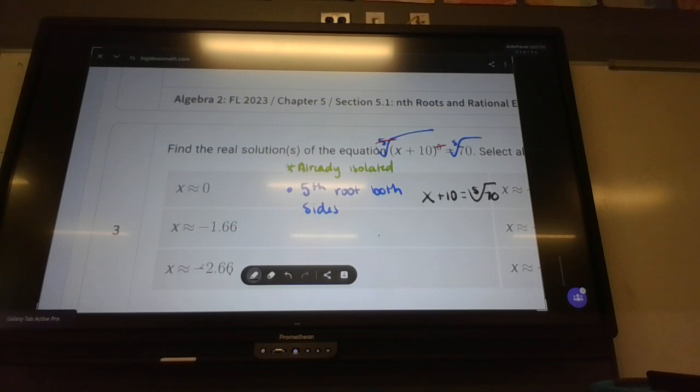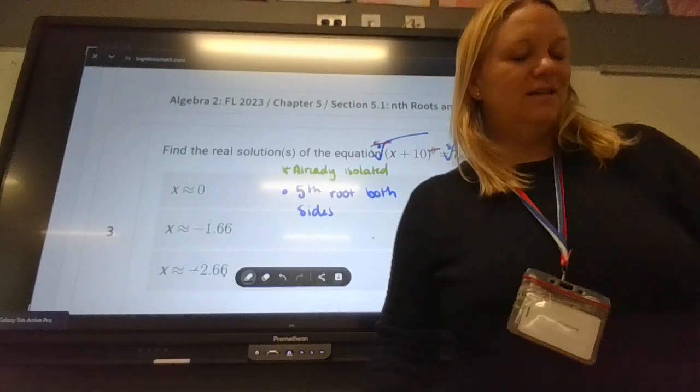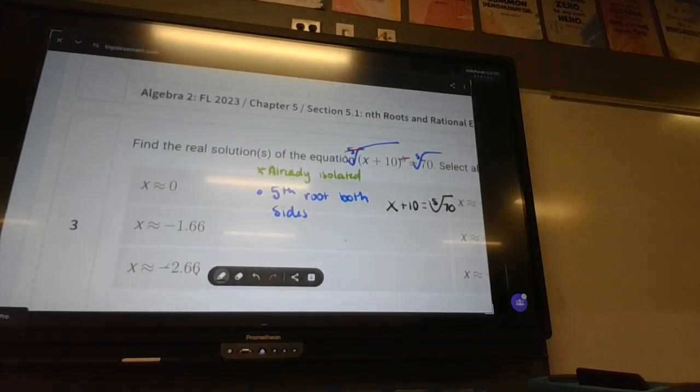What did I say it was? 2.339. That's inside. This is outside. Click 5, and then you click inside. And then you go 7.